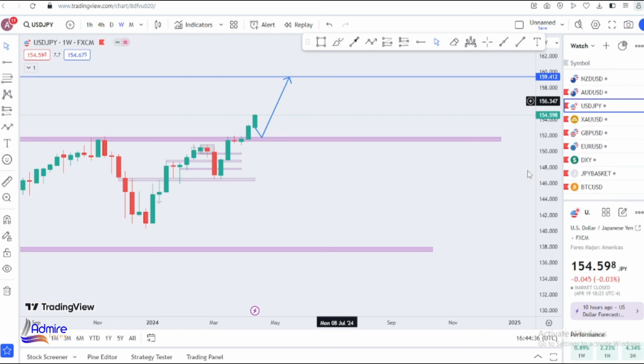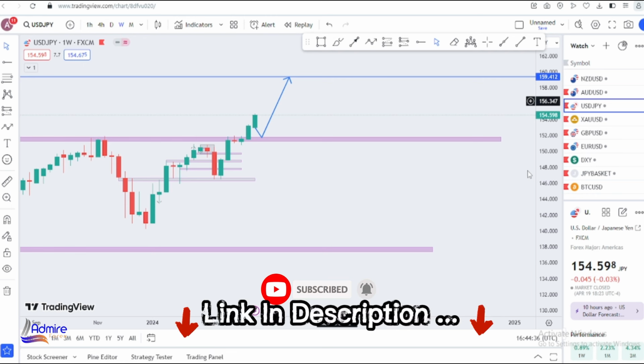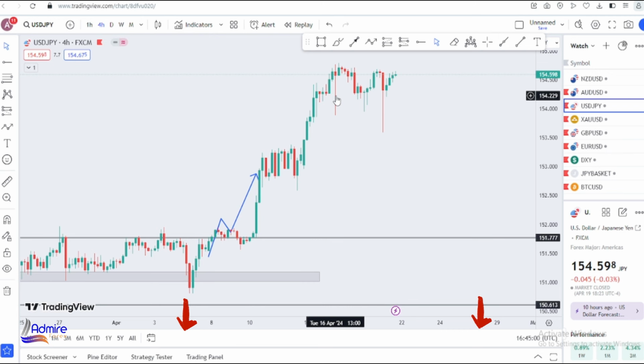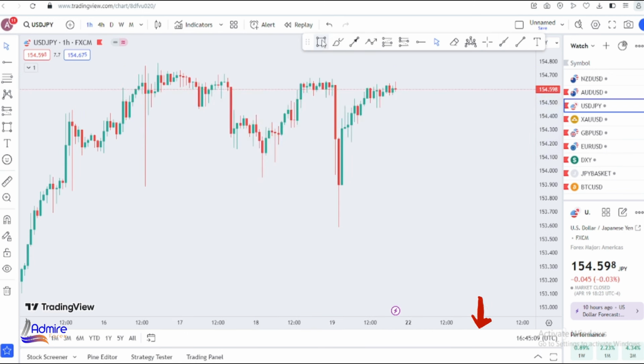We were looking for a buy to sell scenario on USDJPY, but that did not happen because USDJPY has been ranging the same way the dollar index has been ranging.